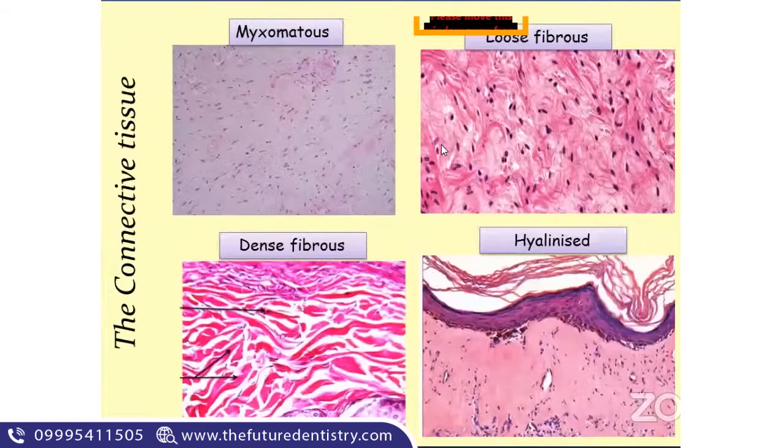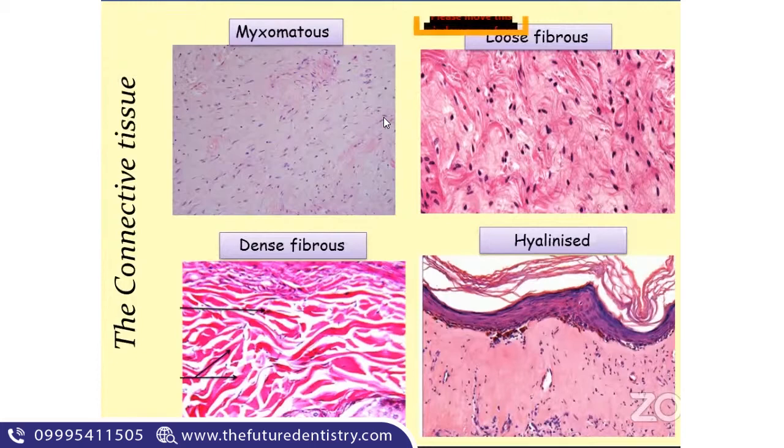Myxomatous is a condition wherein the cells are overproducing connective tissue, which remains in a gelatinous fashion. It's basically an advanced stage of loose fibrous connective tissue. So here what happens is the connective tissue takes up a much more gelatinous consistency because of the increased looseness of the ground substance.